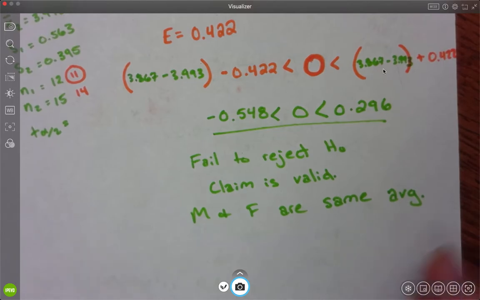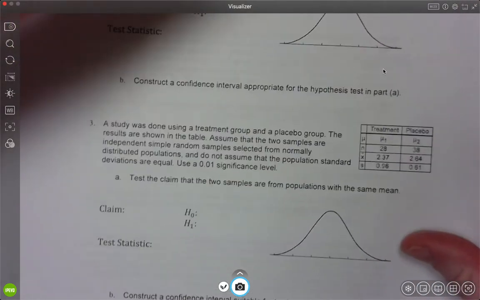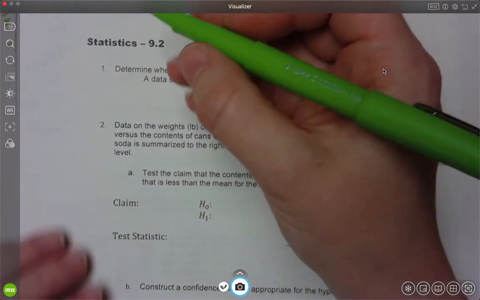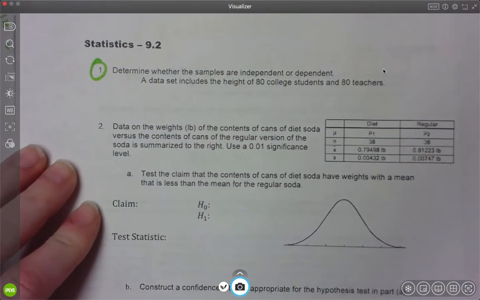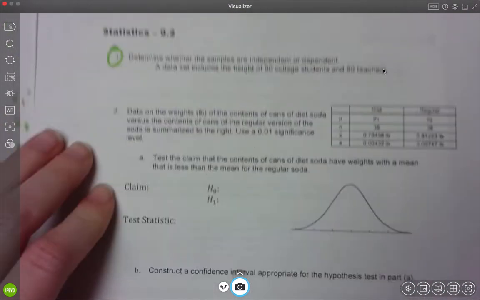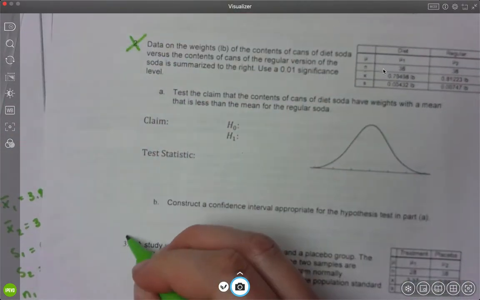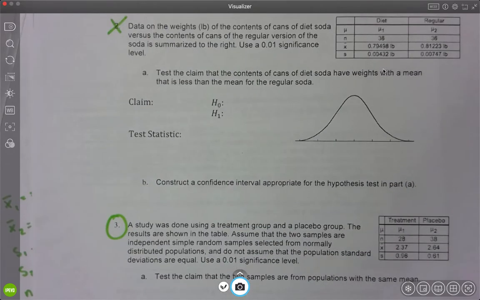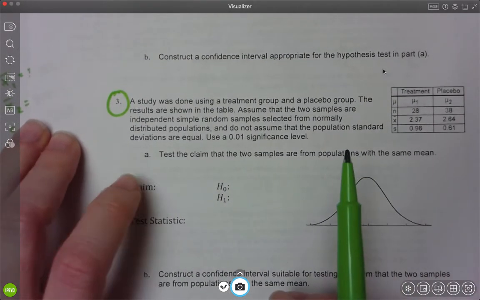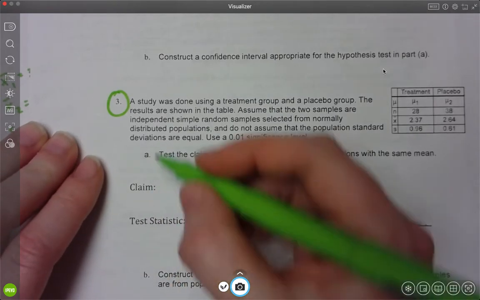And there you go. On your homework assignment, I think I put this in a note from yesterday, but I want you to do number 1. Just talk about whether they're independent or dependent. Then you can skip number 2 and do number 3. You should have been able to do part A yesterday, but now add part B to that.